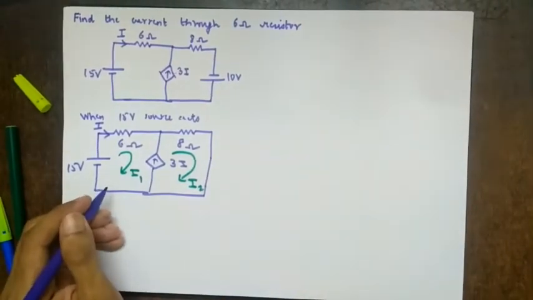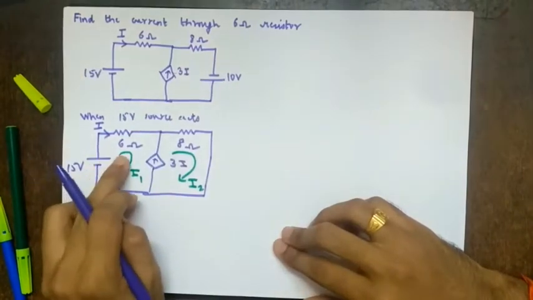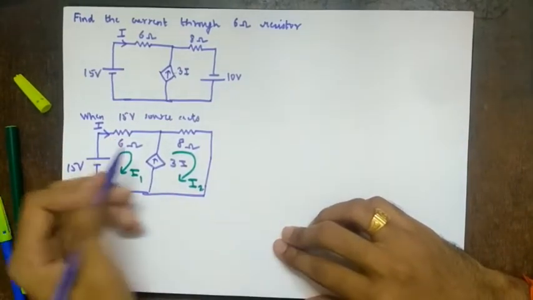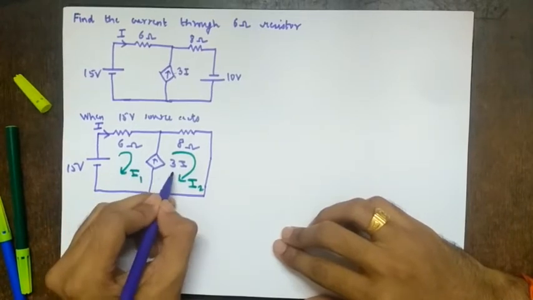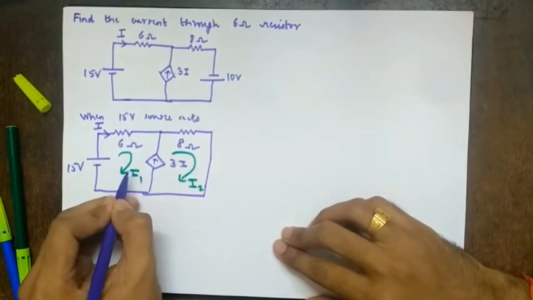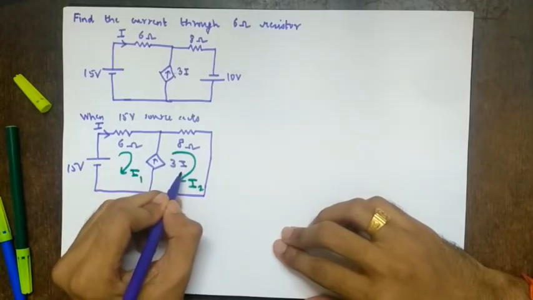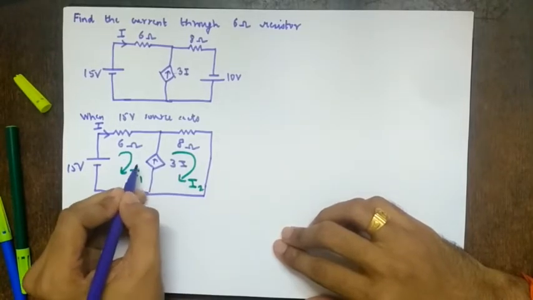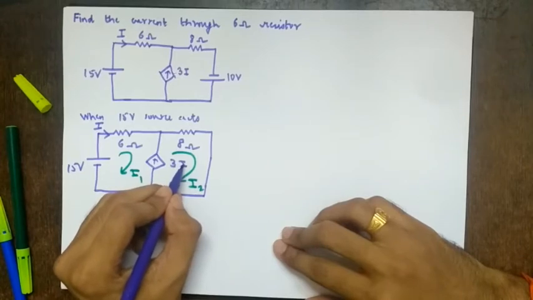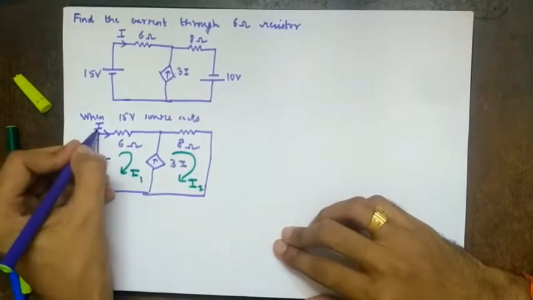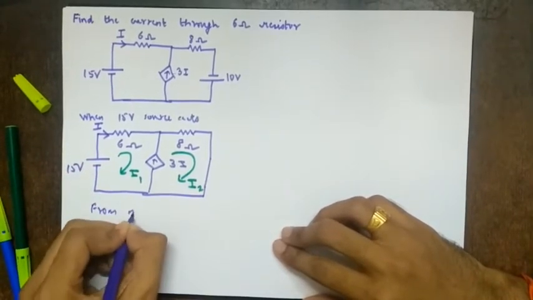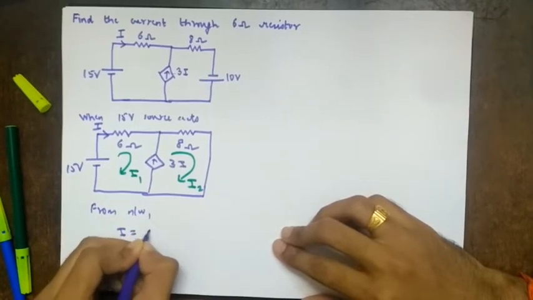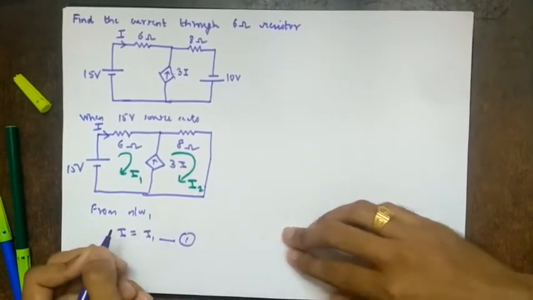What we have to find, don't forget, is the current through 6 ohms, that is I1, or in general I. So first we write I in terms of I1 and I2, because there are two meshes, we'll have two equations only, right? For I1 we'll get one equation, for I2 we'll get another equation. But if we write in these terms, we'll get terms in I also. You have seen in previous lectures, right? So I should be written in terms of I1. From this we can see I is nothing but equal to I1. So you can write from network I equal to I1, right?